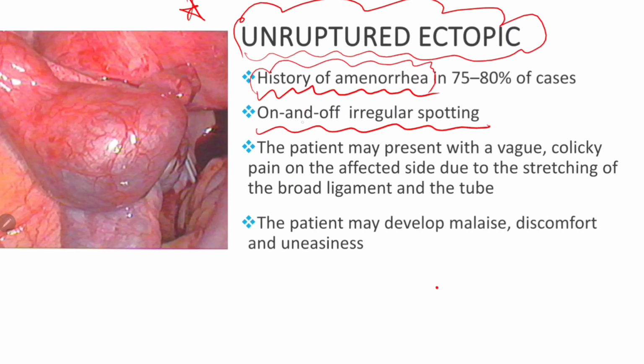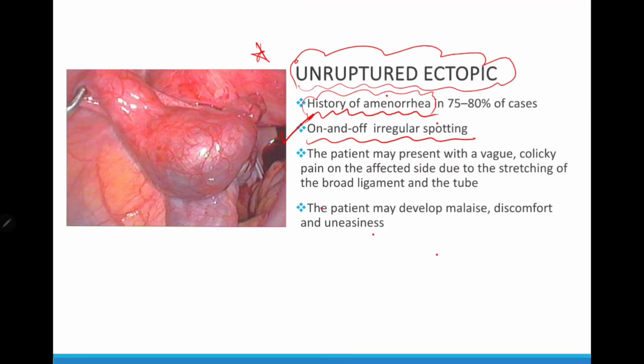On and off irregular spotting can be seen, very, very important. The patient may present with a vague colicky pain on the affected side due to stretching of the broad ligament as well as the tube. So why is the patient having this vague colicky pain? Because of the stretching of the broad ligament and the tube.